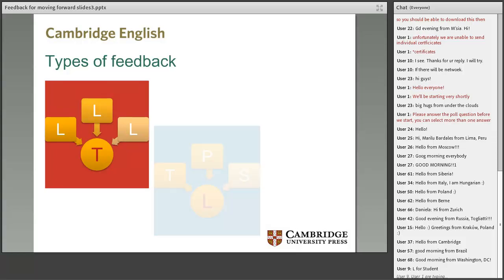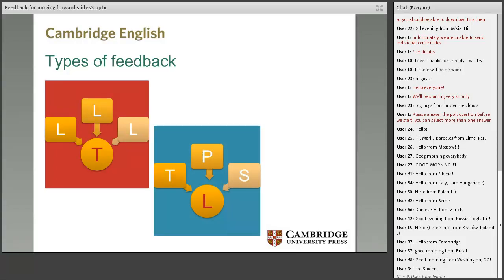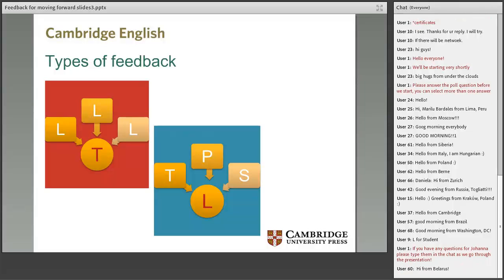Then there's also, and I suppose this is the main part of the presentation, the type of feedback to the learner. Okay, and I've put here T, P, and S. Would you like to write in the chat? What do you think? Who gives feedback to the learner? What do you think T, P, and S stand for?